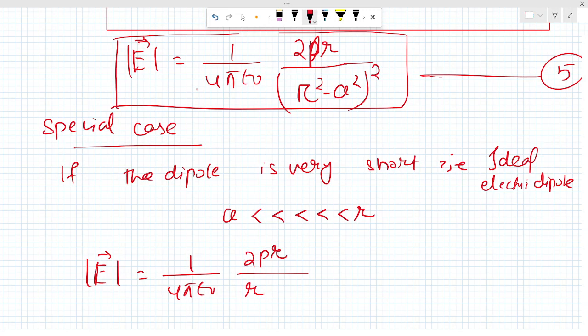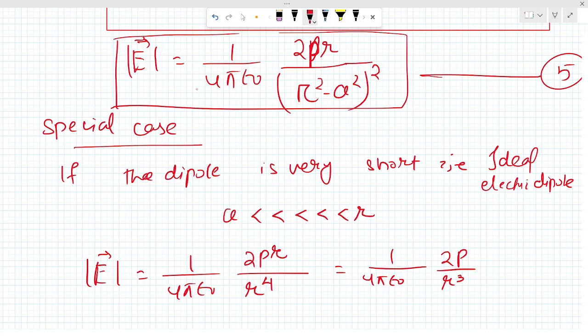As a is very much less than r, we can neglect a, so we can write it as r to the power 4. So it will become 1 by 4 pi epsilon naught 2p upon r cube. This is the final expression for the special case, that is for an ideal electric dipole.